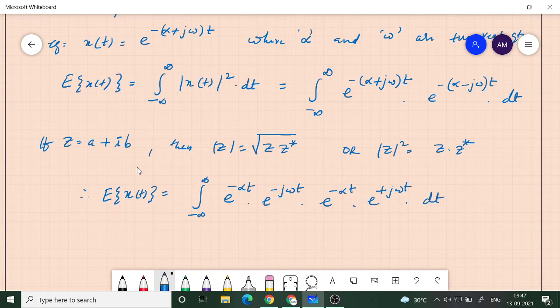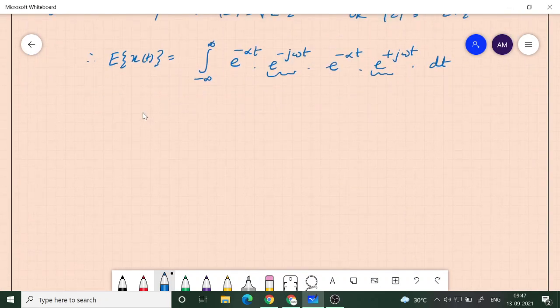Now you can combine these two terms. e raised to a into e raised to b is e raised to a plus b. So it is e raised to 0, which is 1. If you combine these two terms, you get 1.